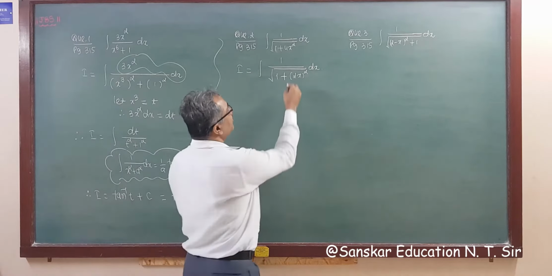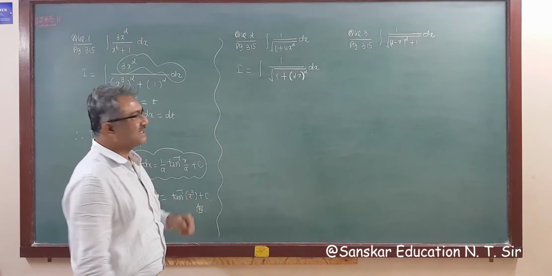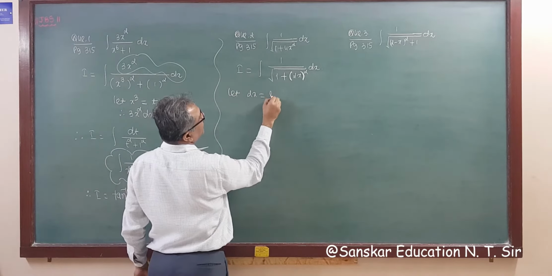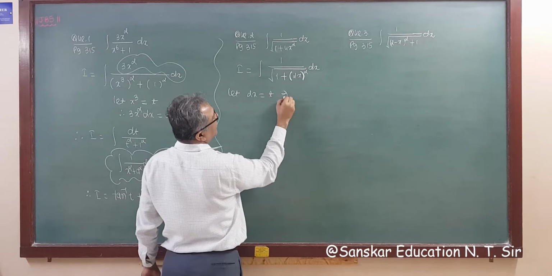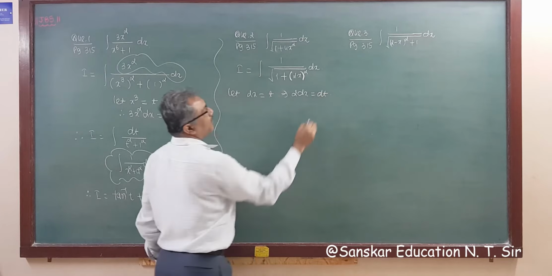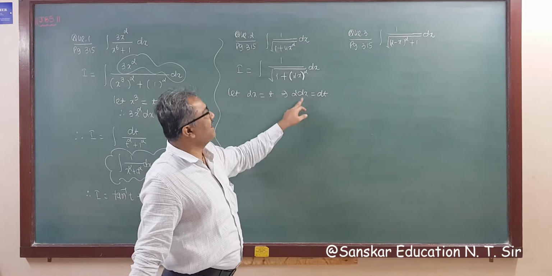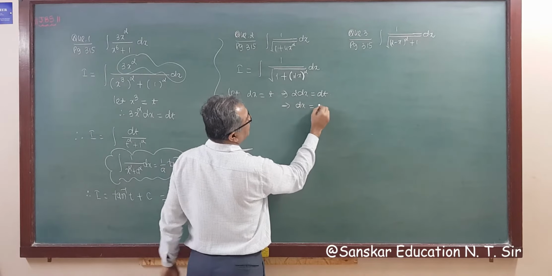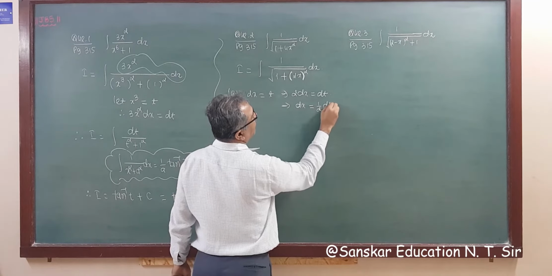So we are going to assume for this twice x, right? So assuming twice x is equal to t, so let twice x is equal to t. So derivative of this is 2 dx is equal to dt, but we can't have a 2 dx, only dx. So what is dx? So this implies dx is equal to half dt, right?